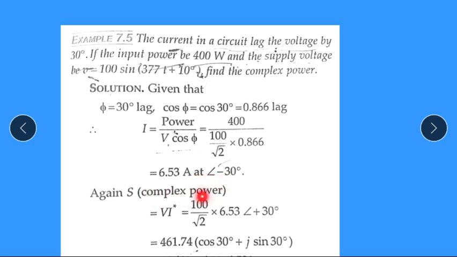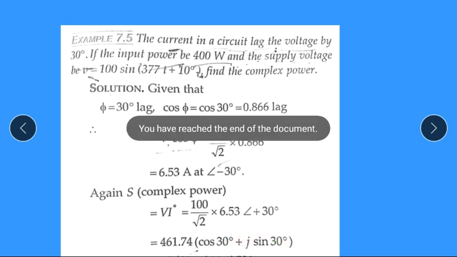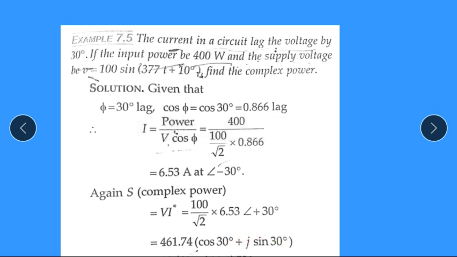Again, complex power S is equal to V I conjugate, that is 100 by root 2 into 6.53 at angle 30 degrees. That is 461.74 (cos 30 plus j sin 30 degrees). This is the complex power in the circuit.